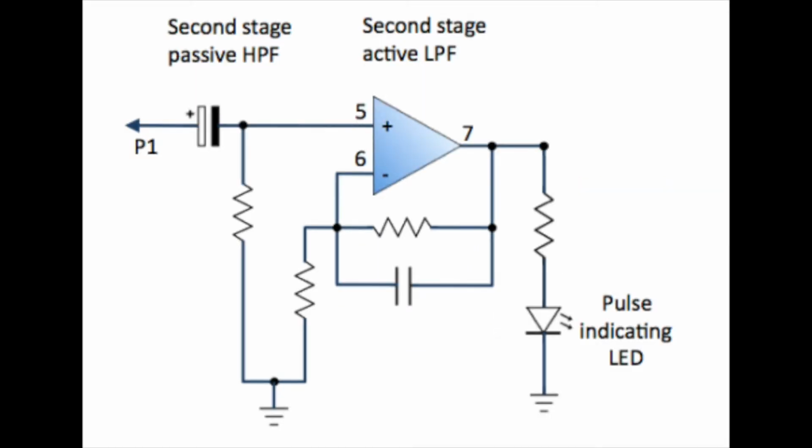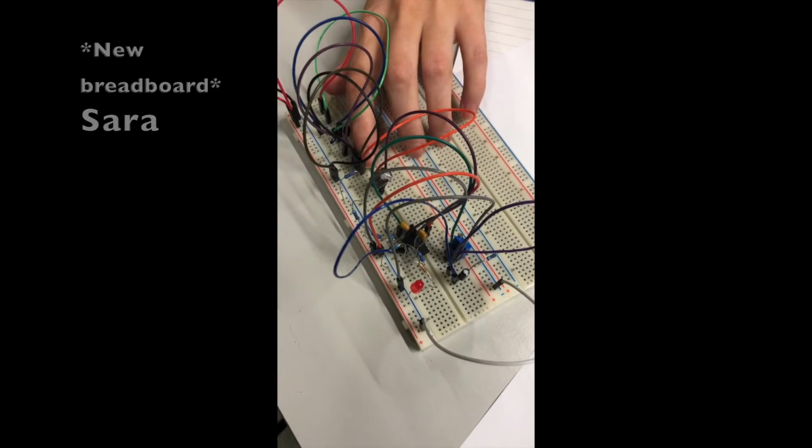Now after the signal was filtered, we needed to amplify the low signal once more, with another round of passive high-pass and active low-pass filtering, connected to the 5K potentiometer. The circuit was now ready to test the photoplethysmographer.